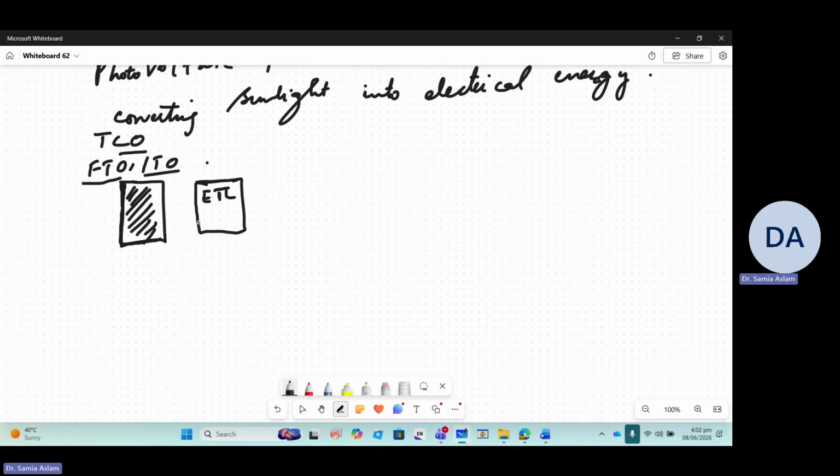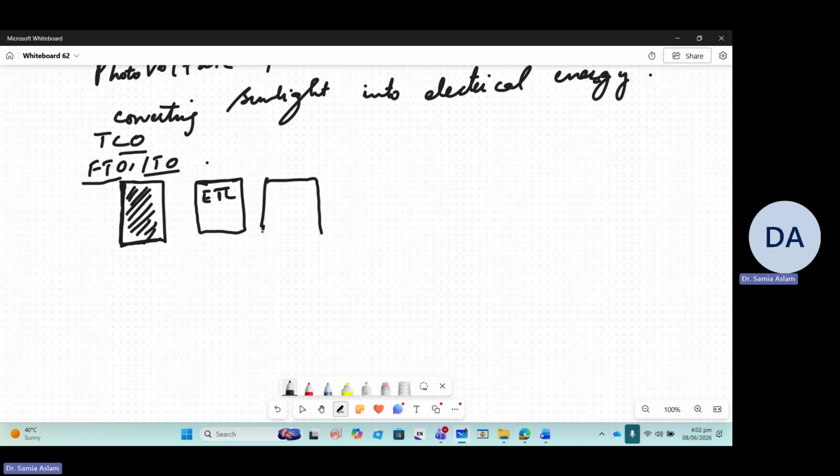When photons are absorbed by the material within the solar cell, known as the light absorber material, it converts photons into electrons, and those electrons travel through this electron transport layer, then go to the transparent conducting oxide, and from there they go outside the solar cell into the external circuit.